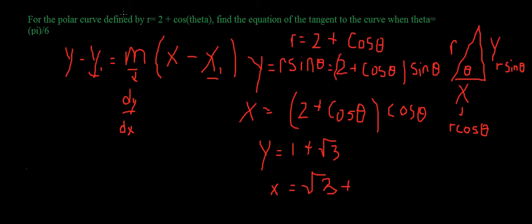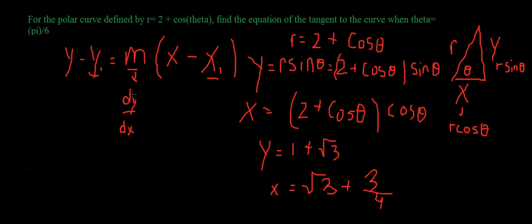You just plug in pi over 6 for 2 plus cosine theta times sine theta, which represents y, and 2 plus cosine theta times cosine theta, which represents x. Okay, that's pretty simple. Now we get into the hard part.